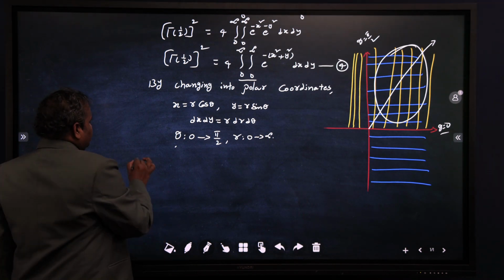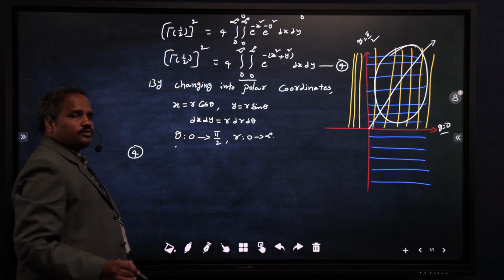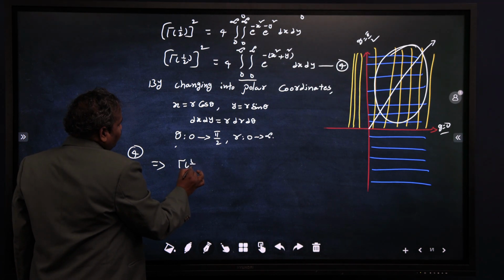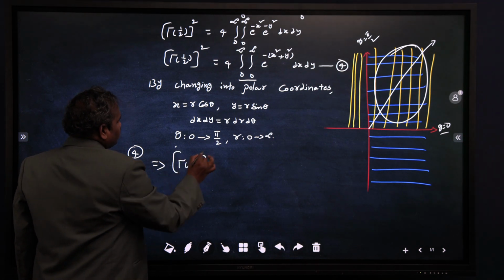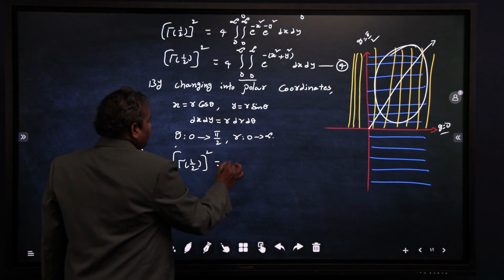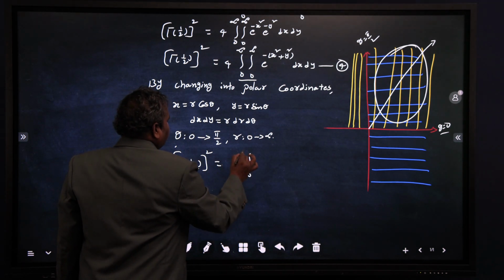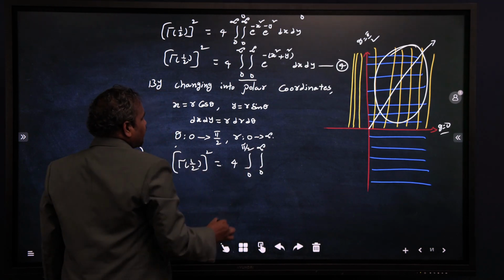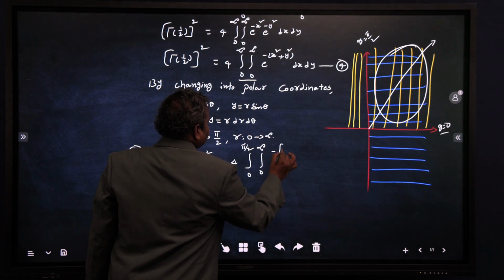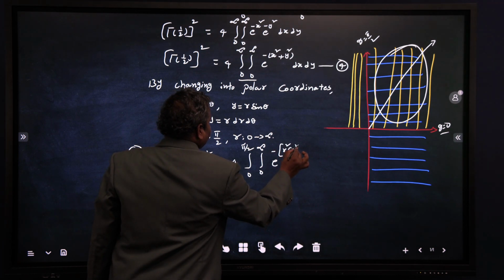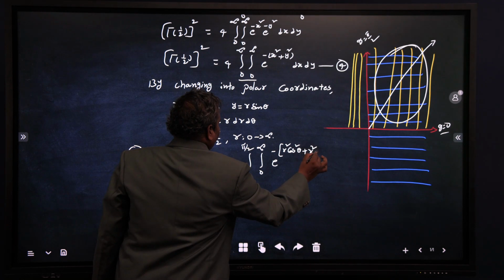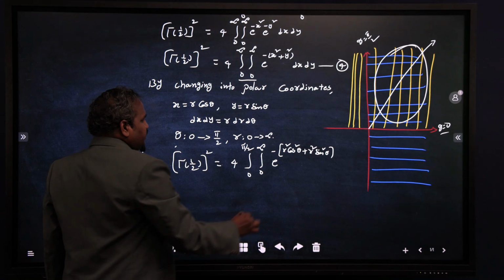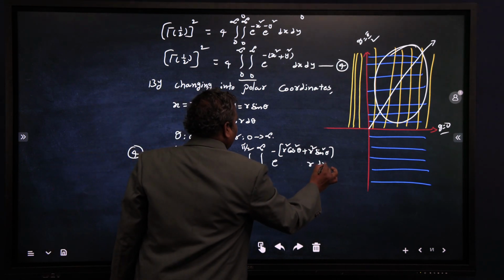Now substitute these all in equation number 4. Left hand side gamma of 1 by 2 whole square, right hand side 4 into theta limits 0 to pi by 2, r limits 0 to infinity, e power minus x square value r square cos square theta, y square value r square sin square theta, dx dy is r dr d theta.